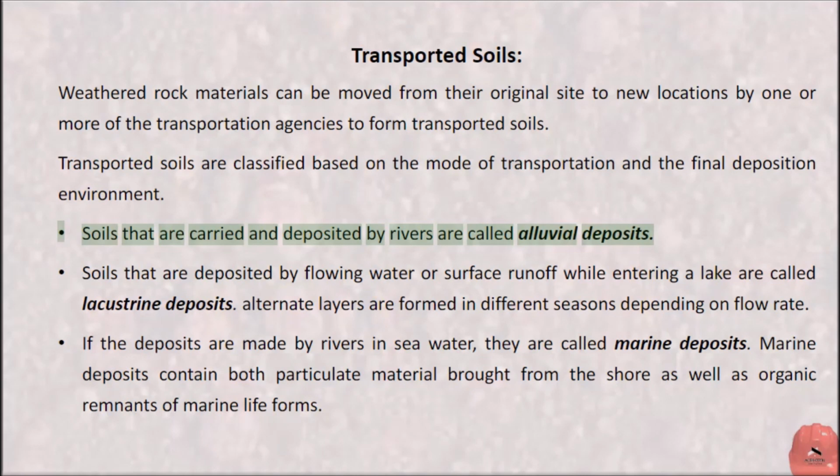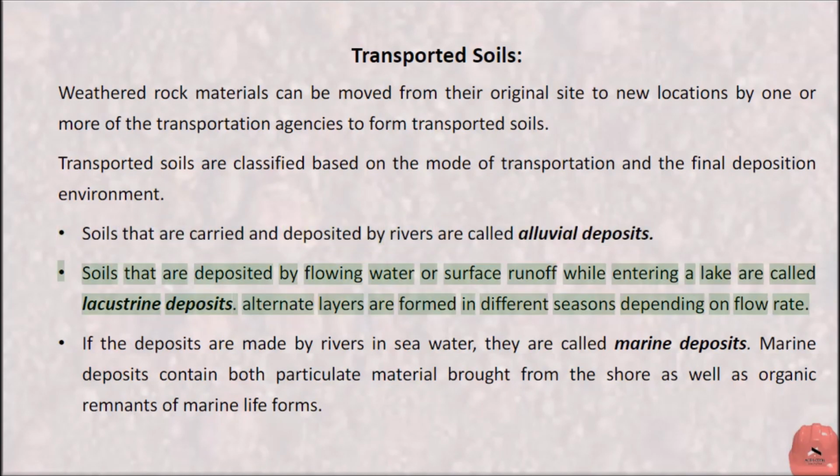Soils that are carried and deposited by rivers are called alluvial deposits. Soils that are deposited by flowing water or surface runoff while entering a lake are called lacustrine deposits. Alternate layers are formed in different seasons depending on flow rate.